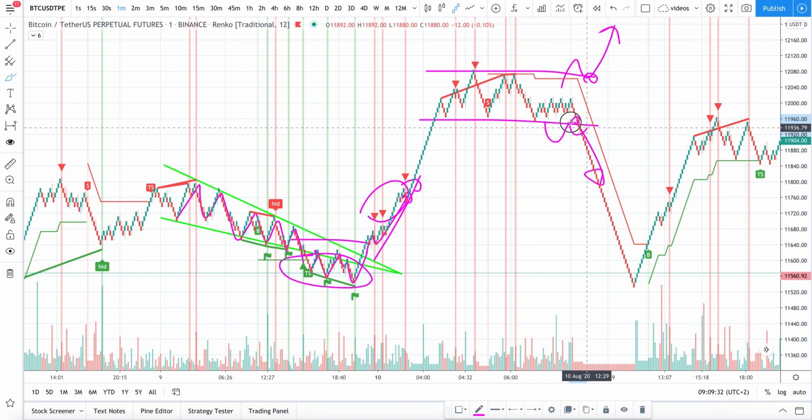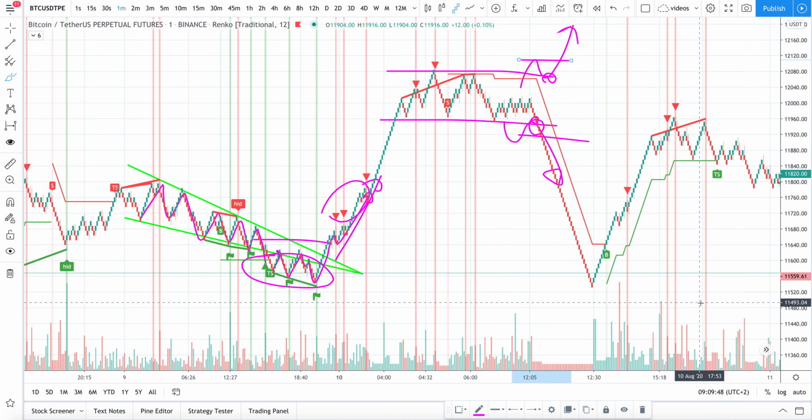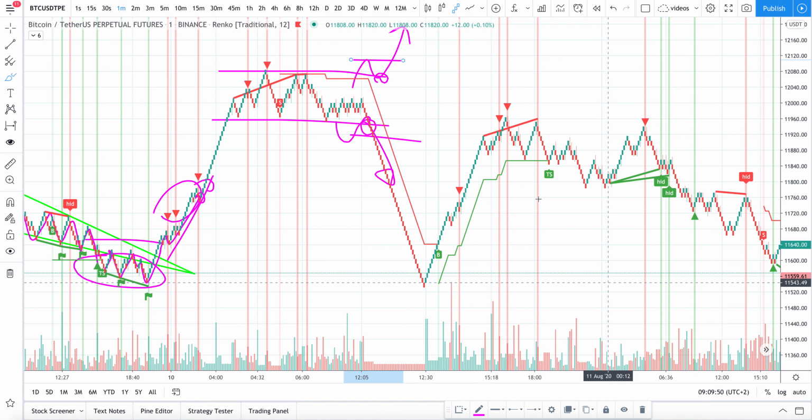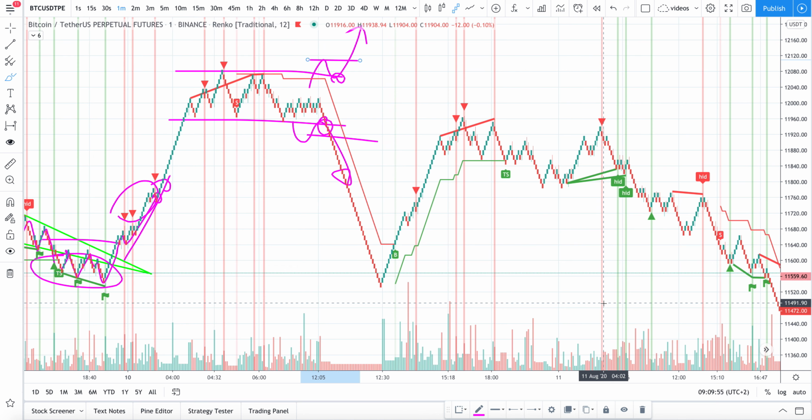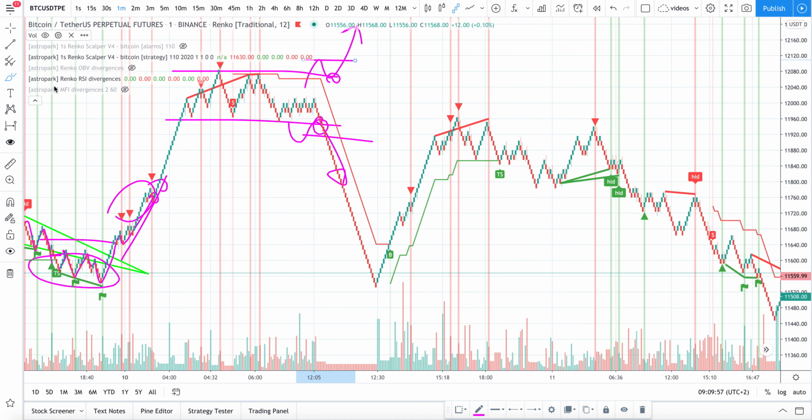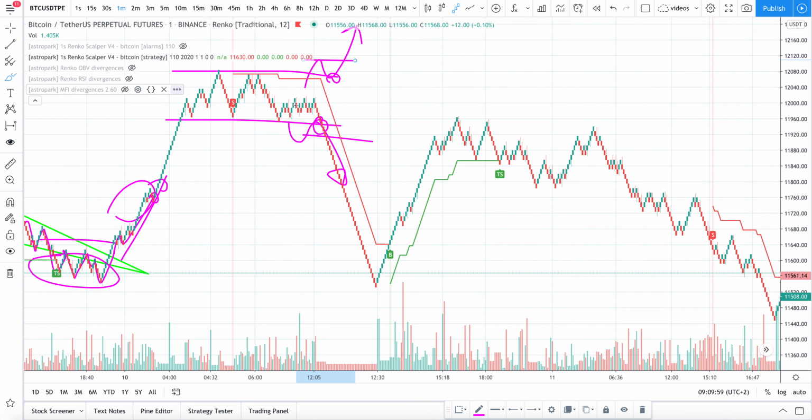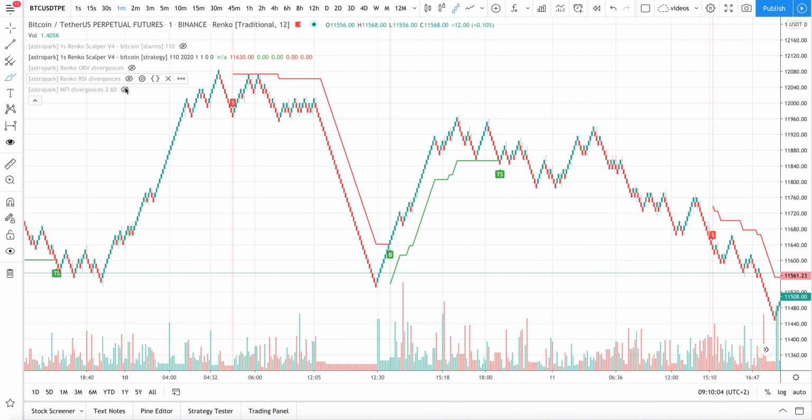In this case there was no retest, so if you are a breakout trader, for example, you can say the price arrives here or arrives here, I just go long or go short, and eventually add more on a retest, for example. Okay, so this is how you can trade. You can trade better using the Renko Scalper as a basis.